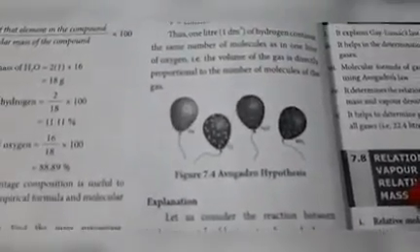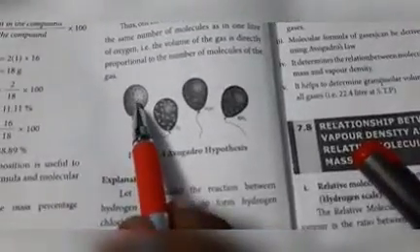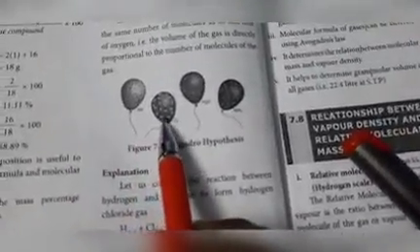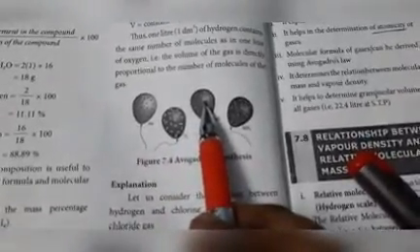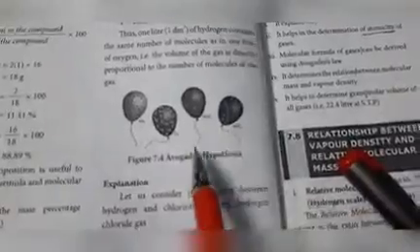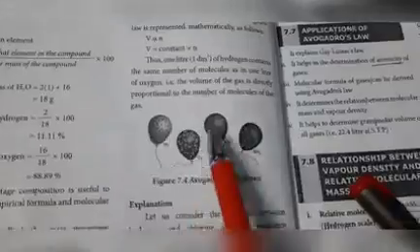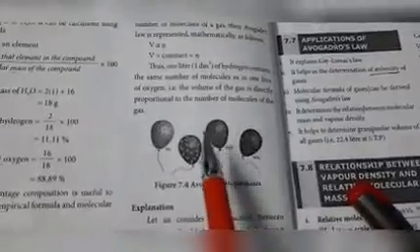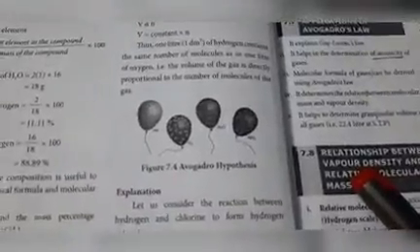One picture is given. Helium gas is filled in this balloon, oxygen gas in this balloon, water vapor here, and ammonia gas here. All have equal volume, which means all these 4 balloons contain the same number of molecules. That is what we learn here.